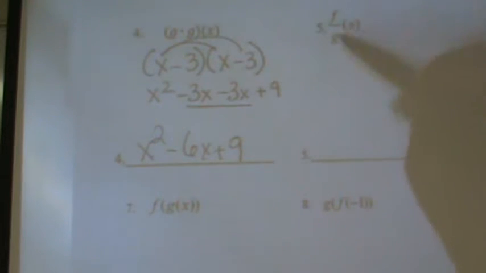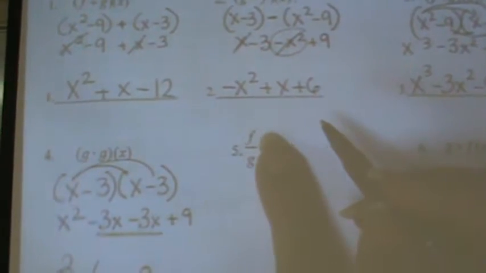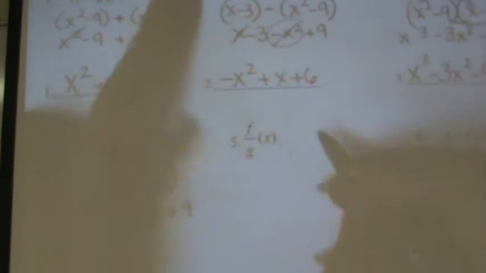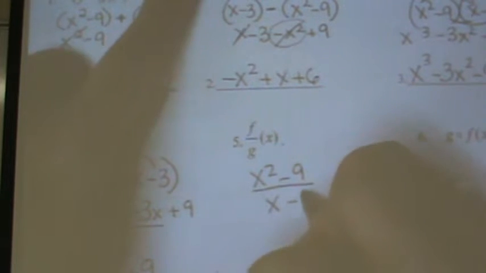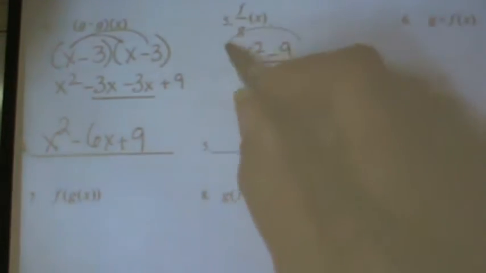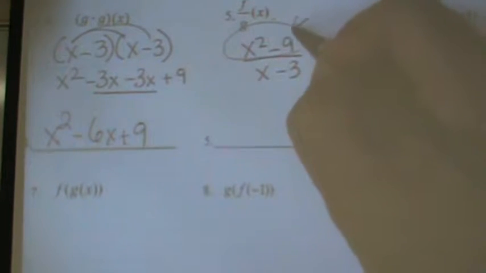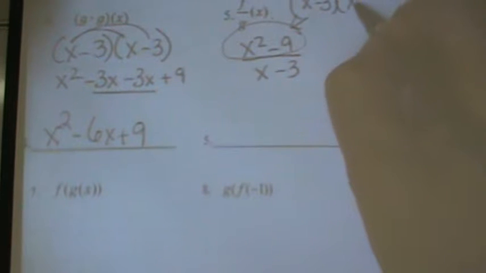What is number 5 telling you to do? Divide. So it says take your f function and divide. Now, what you should know how to do is factor this. This piece factors to be x minus 3 times x plus 3.